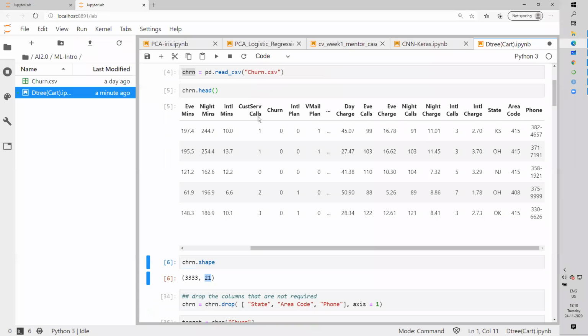Out of these columns, the one with the name churn is my target variable. This is my output variable. In terms of business, this means that the customer is going to leave the business. So the decision we are trying to make here is to find out who are the customers who will leave this business. If a customer leaves the business, then this value will be 1. If the customer is not leaving the business, then this value would be 0. So what type of decision making are we trying to learn here?